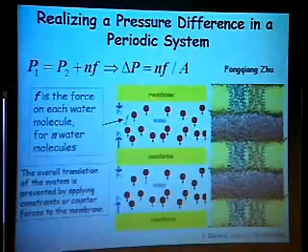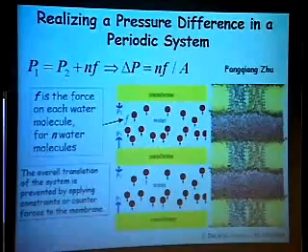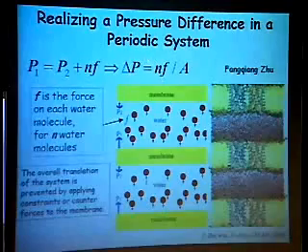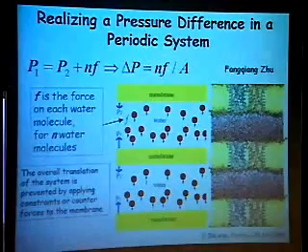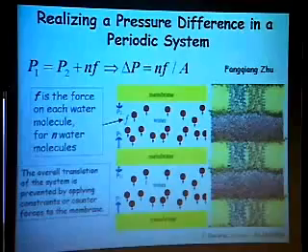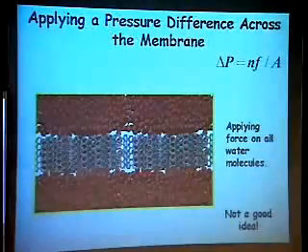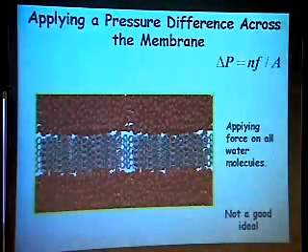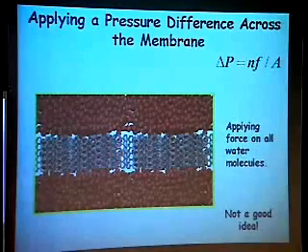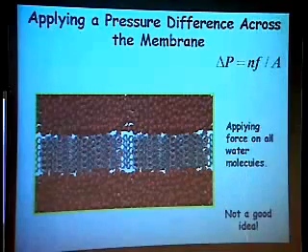So basically, if you rearrange this, you can see that you can apply a pressure gradient across the membrane, which is proportional to the force that you're applying in the system. And by changing the force and number of water molecules in this system, you can adjust the pressure that you're applying into your system.